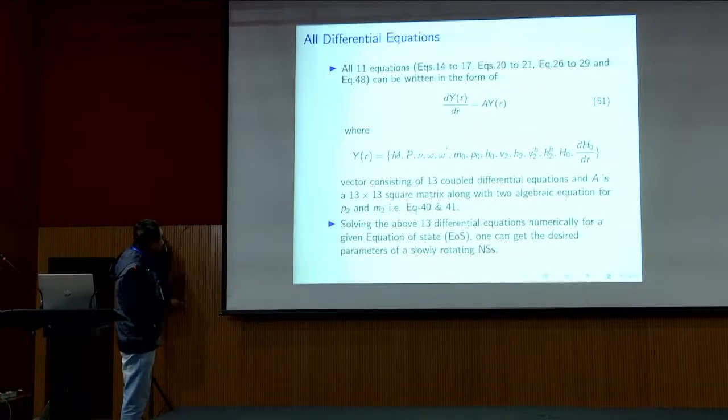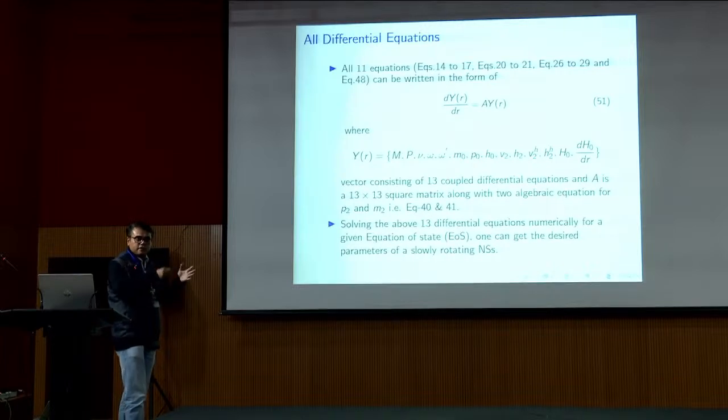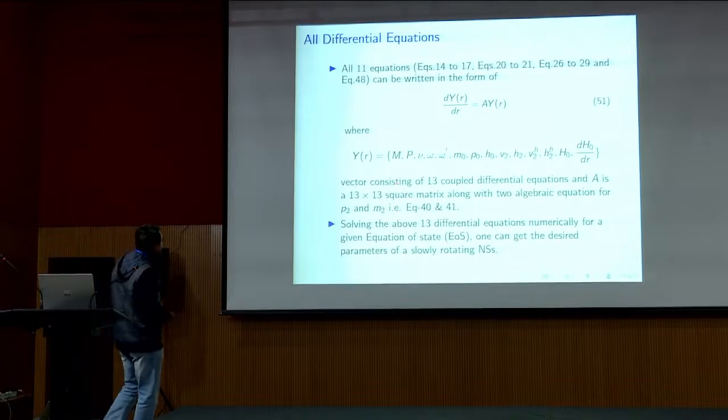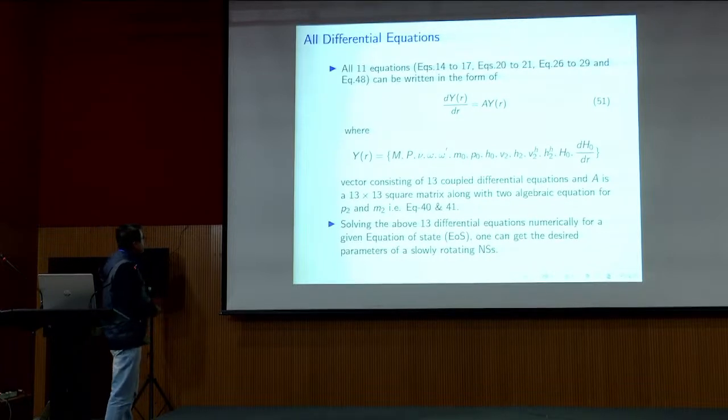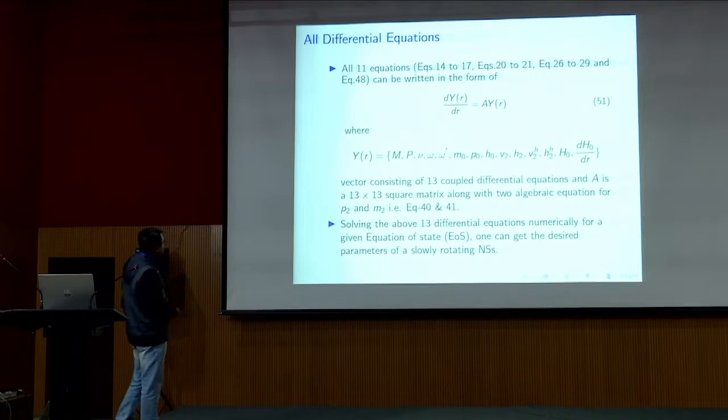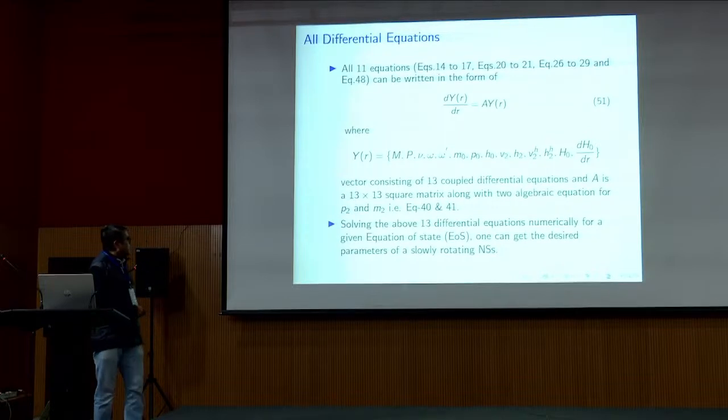Now all these equations have been formulated with equation number 51, where this y is a vector with the 13 coupled differential equations, and this A is a 13 by 13 square matrix, with the two algebraic equations of P2 and M2.